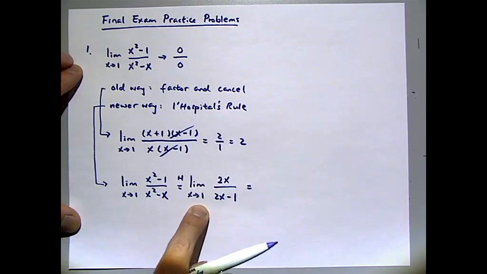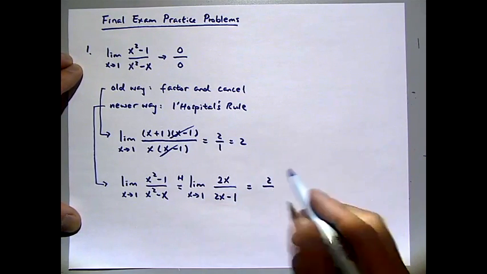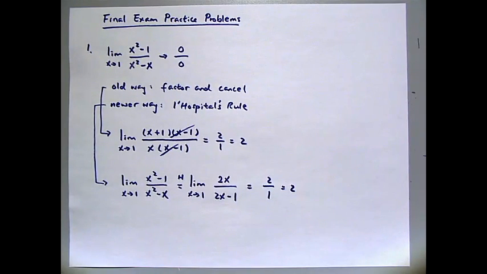And now when we let x be 1, it goes to 2 on the top, and downstairs is 2 minus 1. That's a 2. Okay, you get the same answer, of course. Either way you do it, it's the same limit, it has to have the same answer. Okay, nothing to this one.